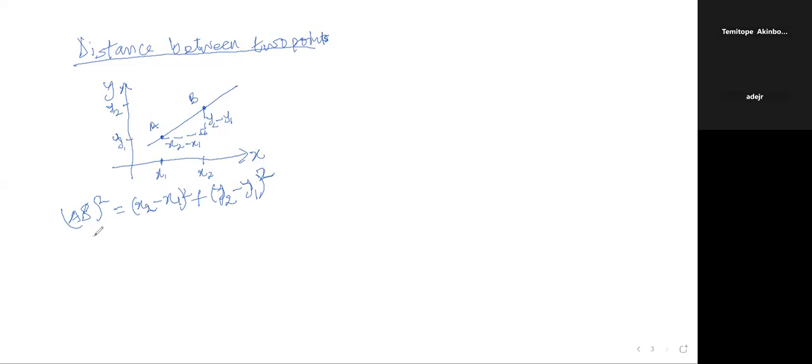So this means that length AB is the square root of x2 minus x1 squared plus y2 minus y1 squared. So this is the formula for distance between two points. So draw a diagram and write that formula. Then we'll now see an example.